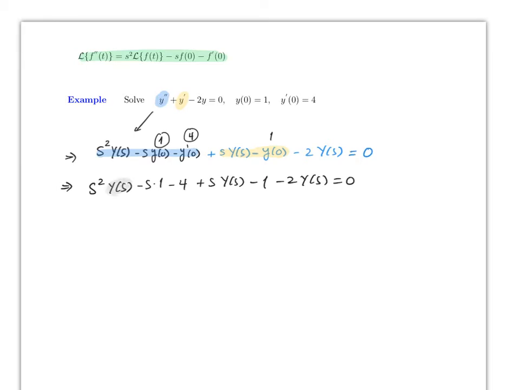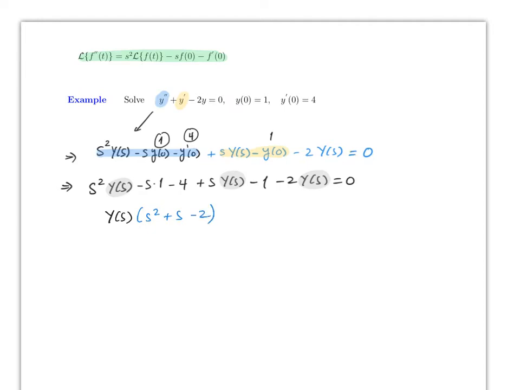Right, next factor the Laplace transform. So we do that, we have capital Y of s times s squared plus s minus 2.